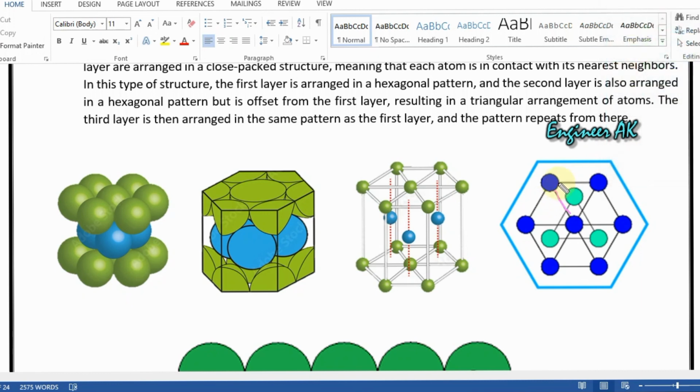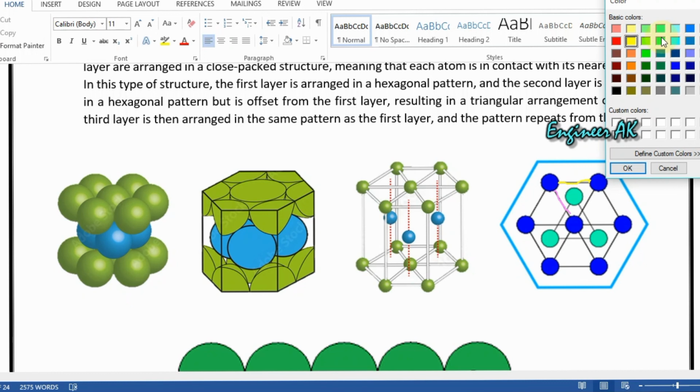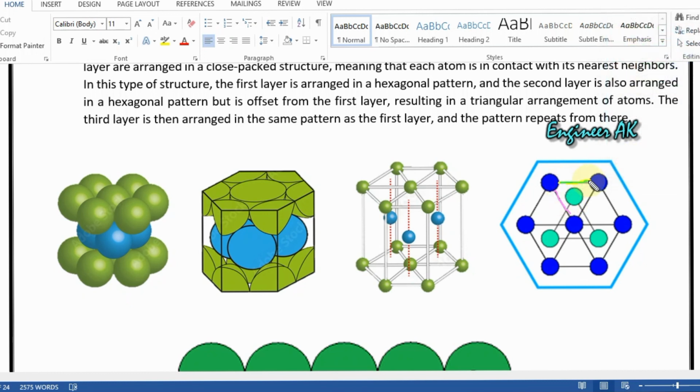Okay, so this is a triangle, not this one, green one. Okay, so this is a triangle, right? And there is an atom. Now this triangle is empty, right? This one.